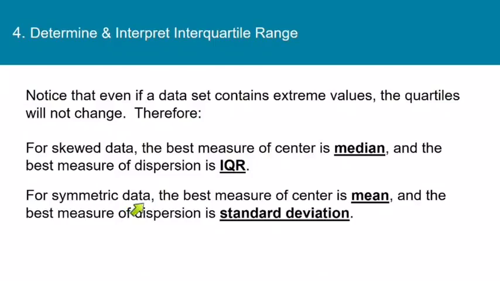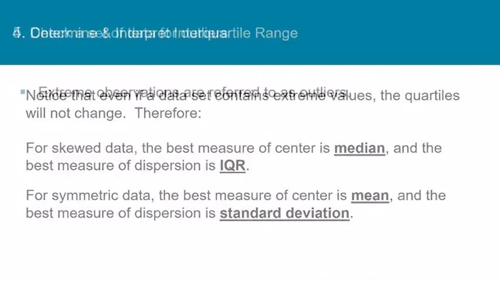For symmetric data, the best measure of center is mean, and the best measure of dispersion is standard deviation. So you'll frequently see median and IQR reported together for skewed data, and you'll frequently see mean and standard deviation reported together for symmetric or bell-shaped data.